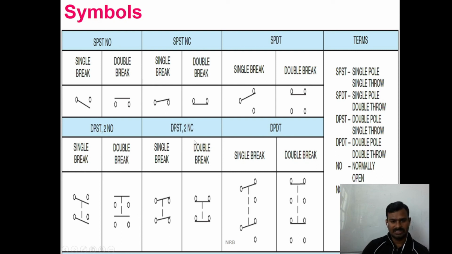And DPST NC type is also available here, and DPDT, double pole double throw. These types of switches are available in the market, so based on the application, we can use these different switches for different applications.